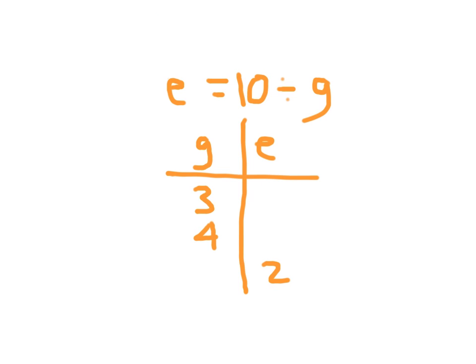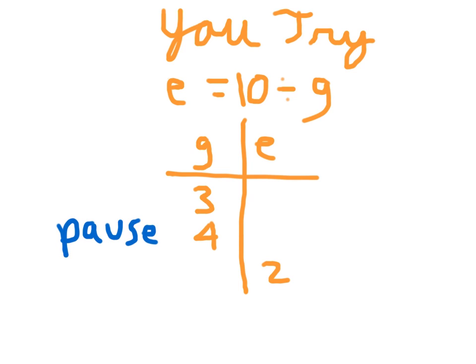All right, it's time for you to try. Please go ahead and set up and complete this function table. Please hit pause. And remember to put things in simplest form. For that first one, e equals 10 divided by 3.